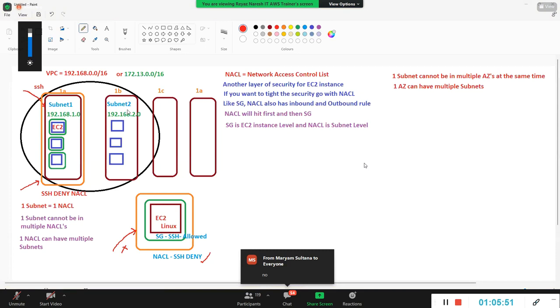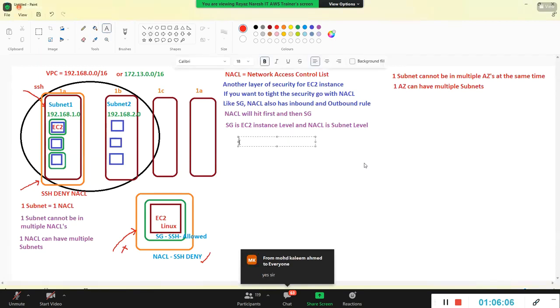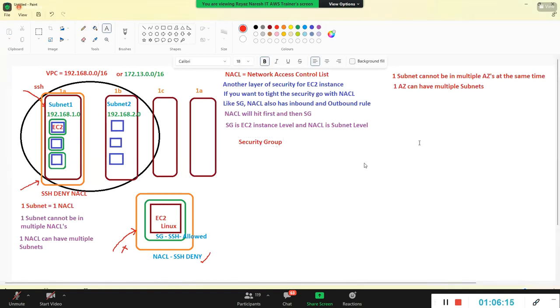Understood, guys? This is a very deep concept, but you understood it clearly and easily. I'll go one step further. Remember in childhood, we used to write differences? So let's write the differences between security group and NACL.